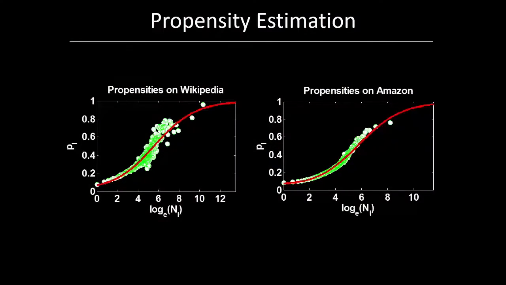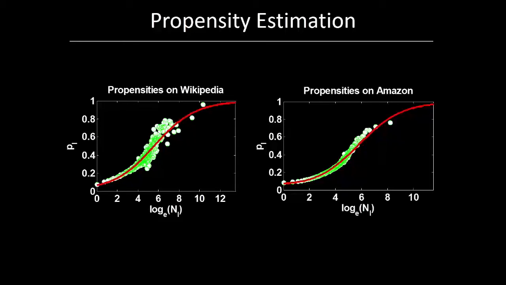The second observation is empirical. It turns out that on applications such as Wikipedia and Amazon, there exists extra information or metadata which you can use to estimate these propensities. For instance, Wikipedia provides a hierarchy over its tags. And if a tag is relevant to a particular article, the hierarchy implies that all ancestor tags must also be relevant.